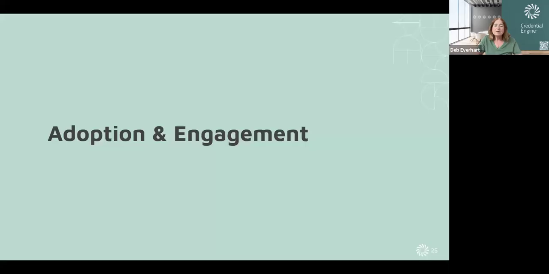So this is a relatively small and easy but important step in creating that value chain of how these different technologies work together. So if you're using OB3 or CLR2, then you're already using contemporary technologies because both of those 1EdTech standards meet the W3C verifiable credential specifications.